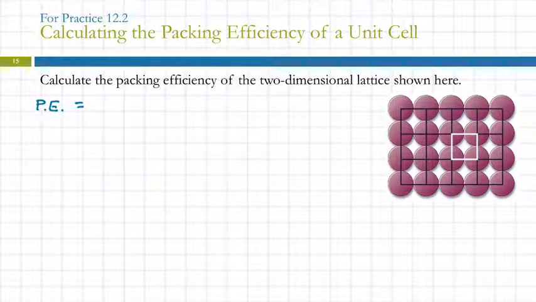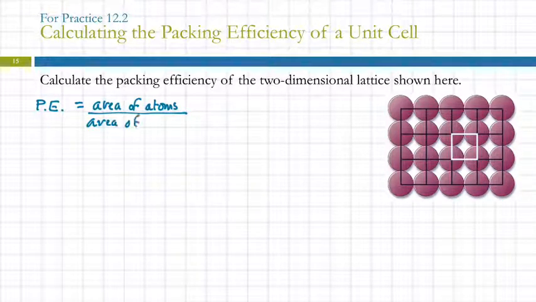So packing efficiency is normally the volume, but here this is 2-dimensional, so we're looking at areas instead. It's the area occupied by the atoms divided by the area of the unit cell. And it's a percentage, so we multiply by 100.